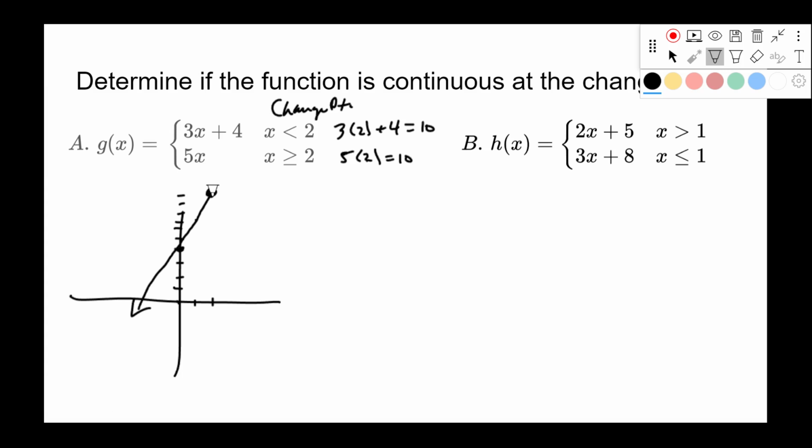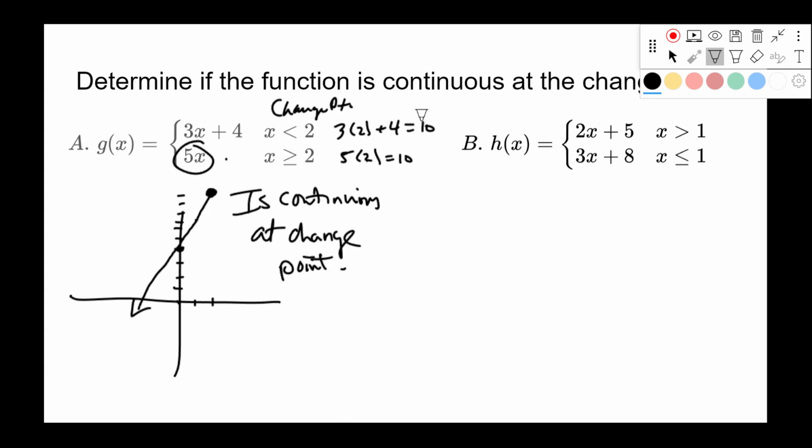So they're actually connected. And then from there, you could continue with the graph of y equals 5x. So this function is continuous at the change point. Okay? Because at the change point, they have the same y value.